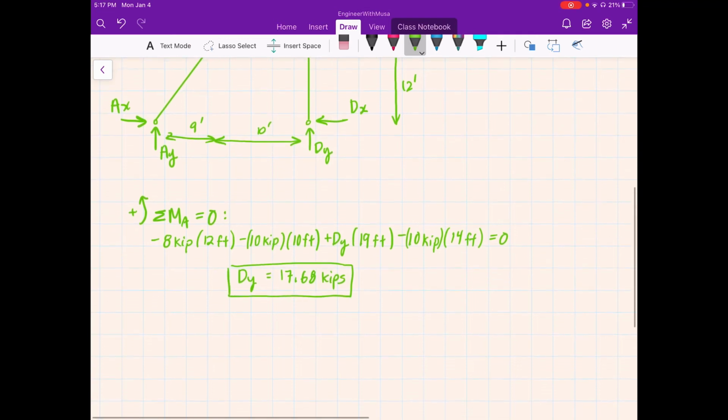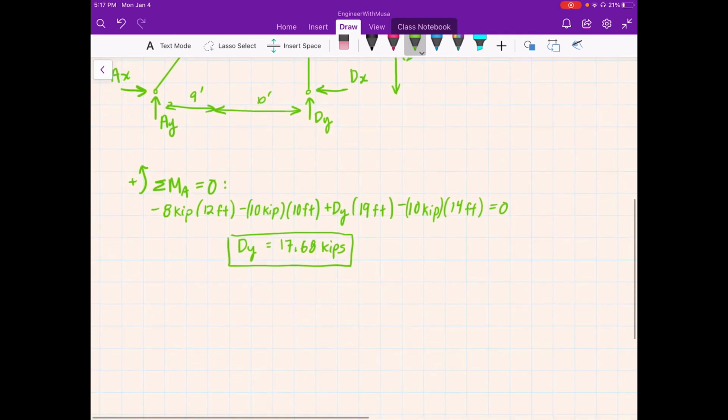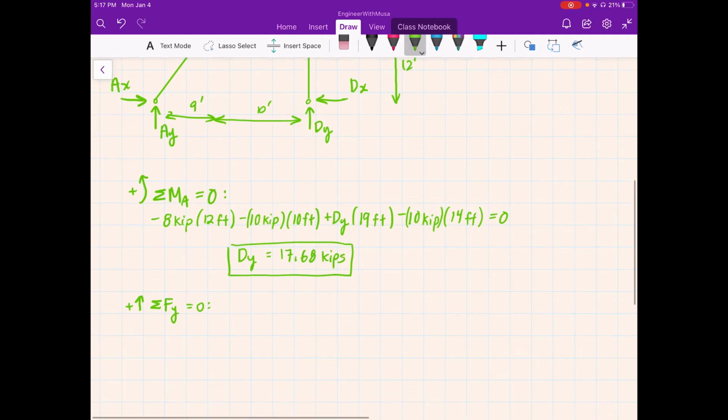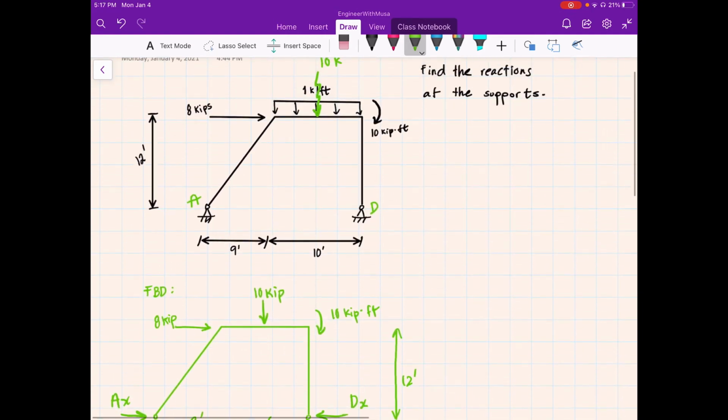And then we're going to look at the sum of the forces in the y direction, where up is positive, equal to 0. And we'll say that, by the way, this is in a 3, 4, 5 configuration.